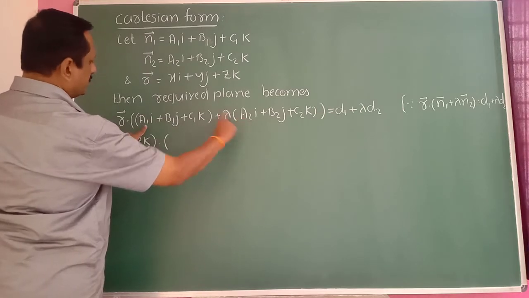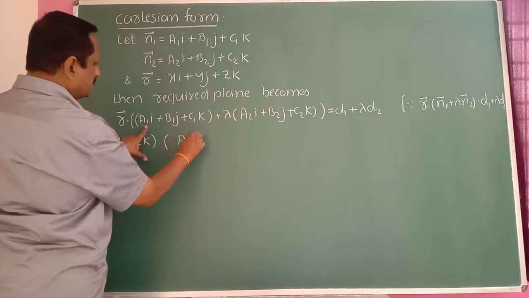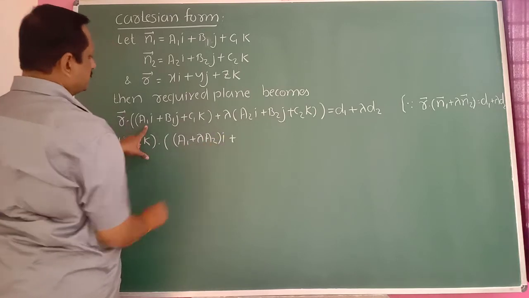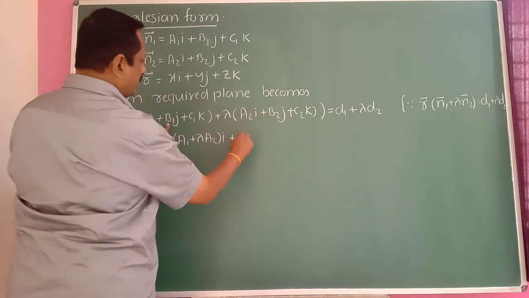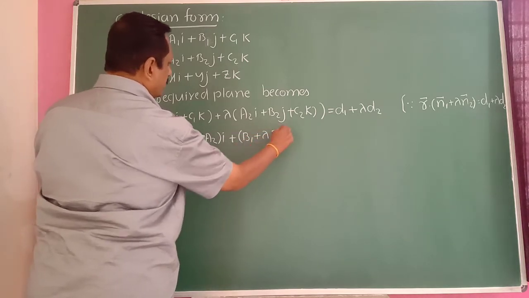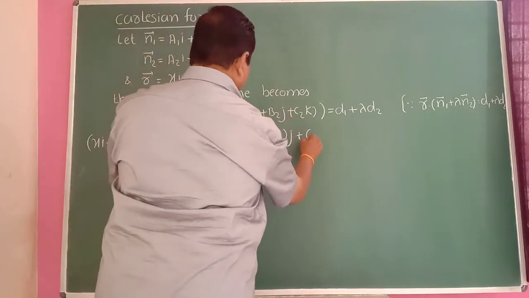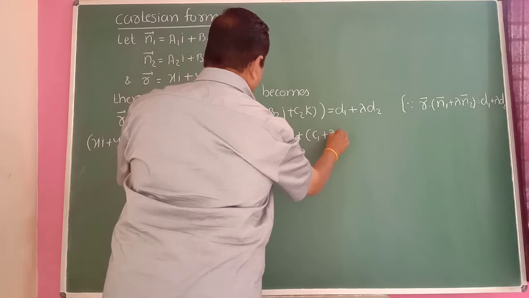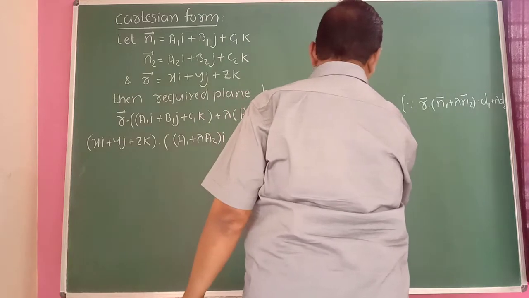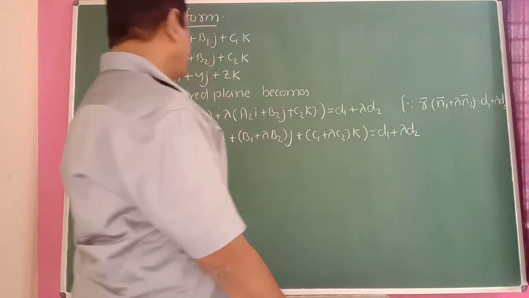From these two, i is common: A1 plus lambda into A2 into i, plus B1 plus lambda into B2 into j, plus C1 plus lambda into C2 into k, that is equal to D1 plus lambda into D2.